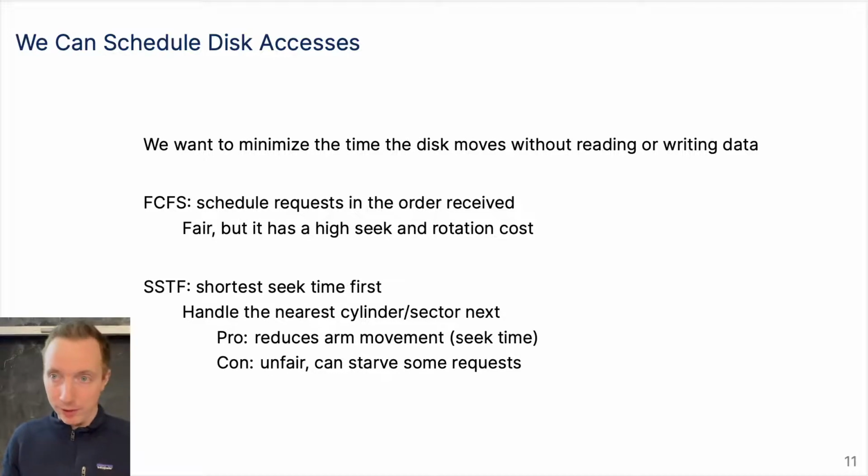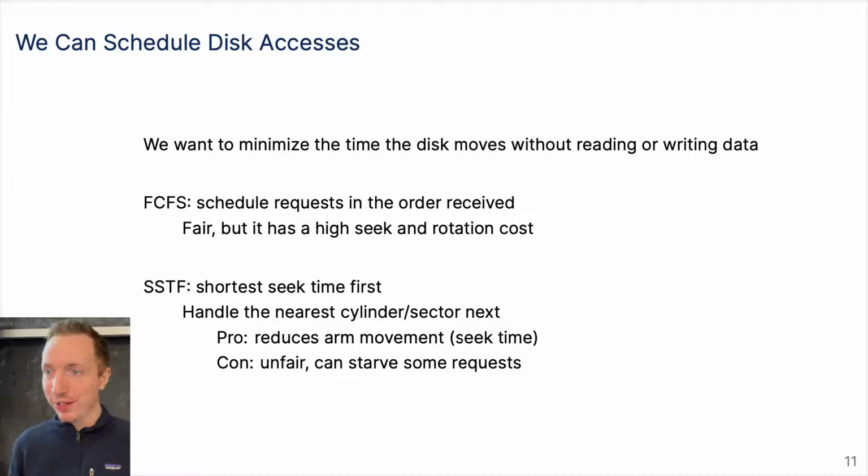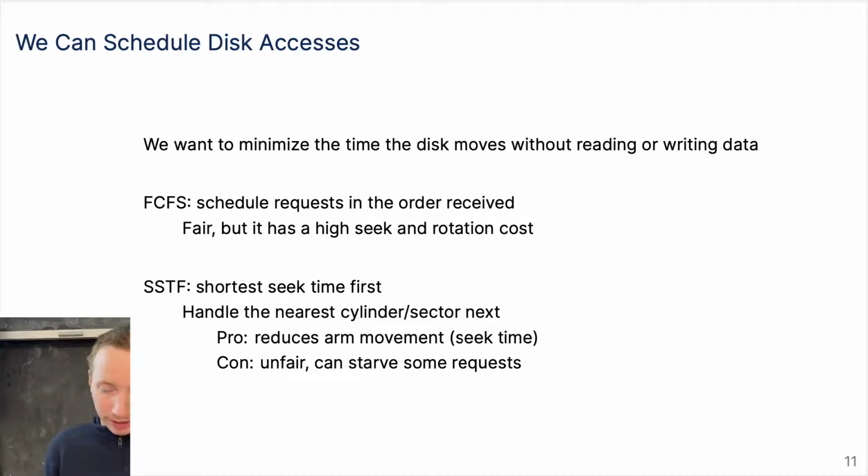So I'm trying to reduce the amount of arm movement or seek time, but this is also going to be unfair because it's essentially the hard disk version of shortest remaining time first. I'm only going to do the close accesses. So if there's an access that's really far away, it may get starved because all your other accesses are really close together, so it would service them instead.